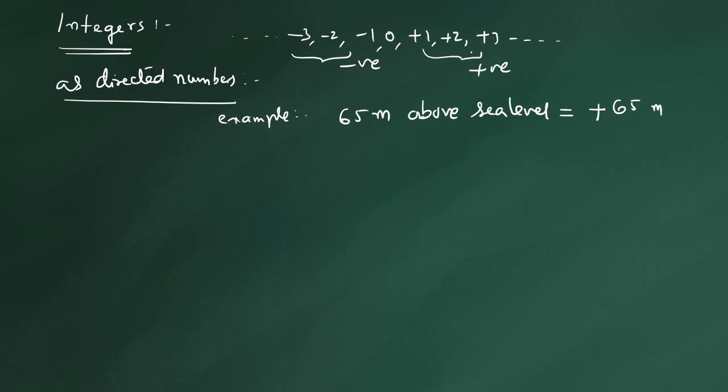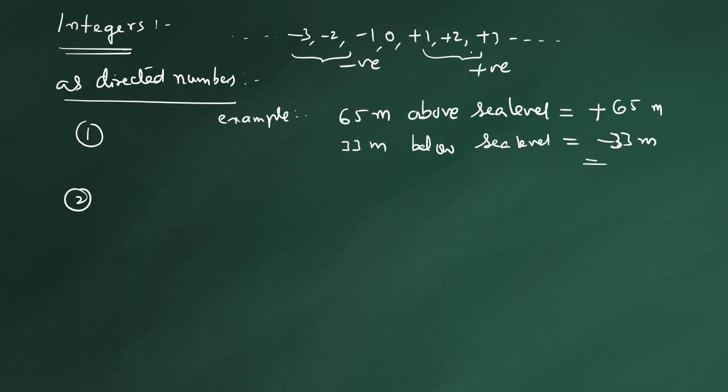In this condition we will call this a positive integer, whereas if it is given 33 meters below the sea level in a question, then you can write that as -33 meters. So if the distance above the sea level is represented by a positive number, then the distance below the sea level is represented by a negative number. That is one important point for examination.